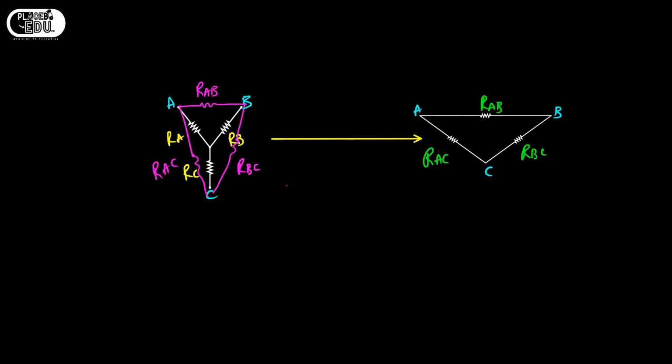Nice, right? Now the pink color resistors are the resistors whose values we don't know, so we have to find them. In order to find RAB, see here, for RAB, RA and RB are connecting, but RC is not connecting.